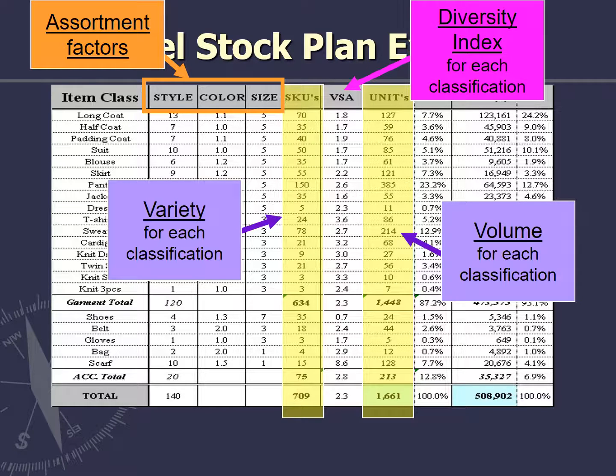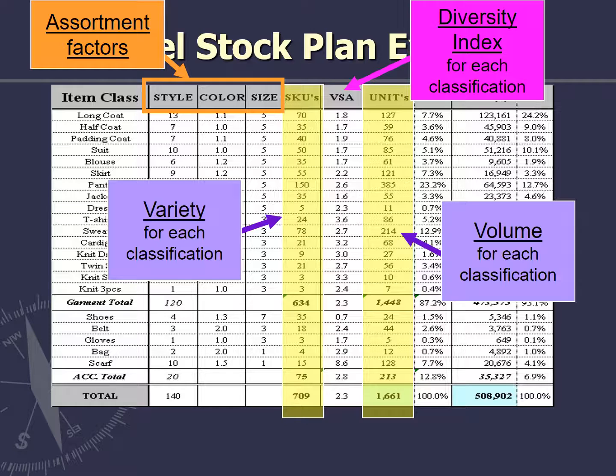Then finally, we can calculate the VSA by knowing the variety and volume figures. VSA is the volume divided by variety, as we learned in the previous module. So you divide the number of units by the number of SKUs for each classification, and that way you can calculate the VSA, which is how many units you want to carry on average per SKU, the average volume per SKU in the assortment.